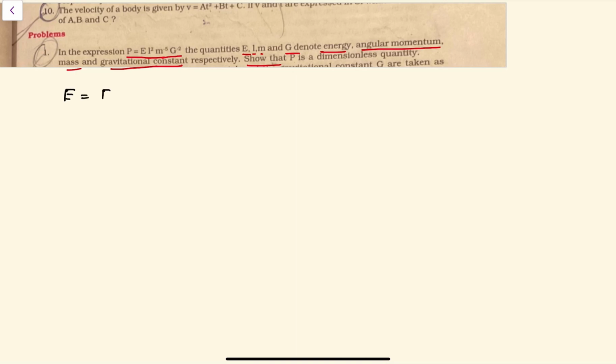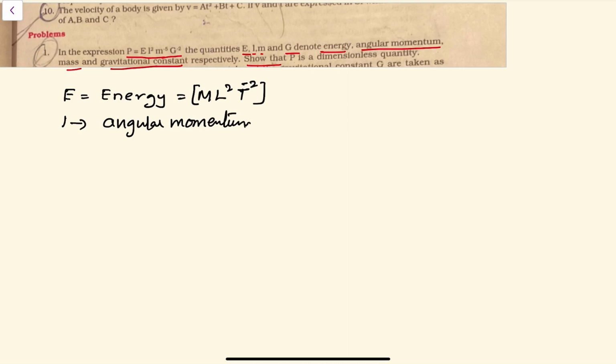E is energy, which is M L squared T power minus 2. L is angular momentum, right? M L square T power minus 1.